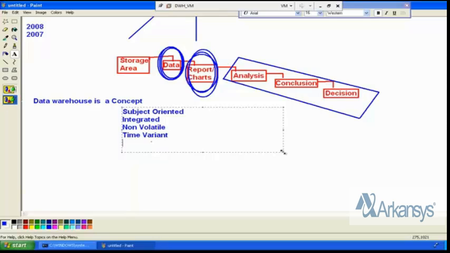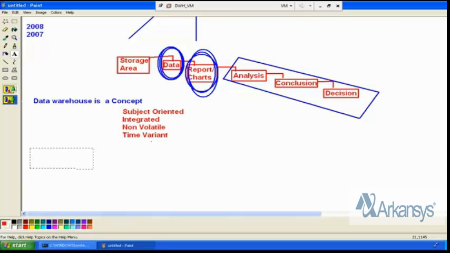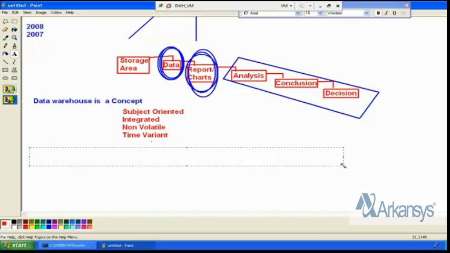If you observe these 4 specifications, they are related to storage. They are telling how to store the data. So if any storage area follows these 4 specifications, that can be called a data warehouse.